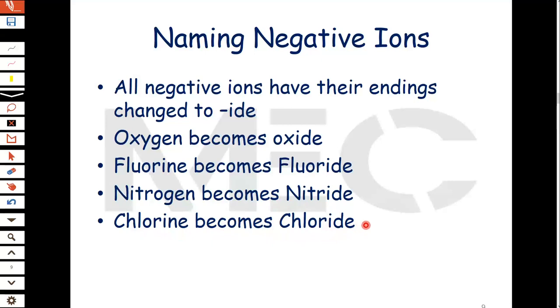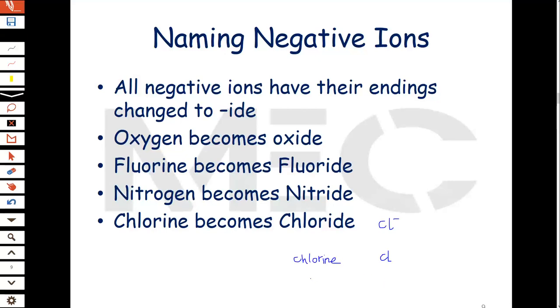Of course, we call this chloride, but if we have Cl alone, this is chlorine. This is the chlorine element.